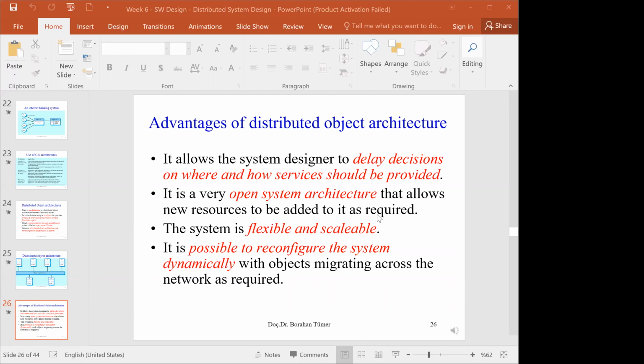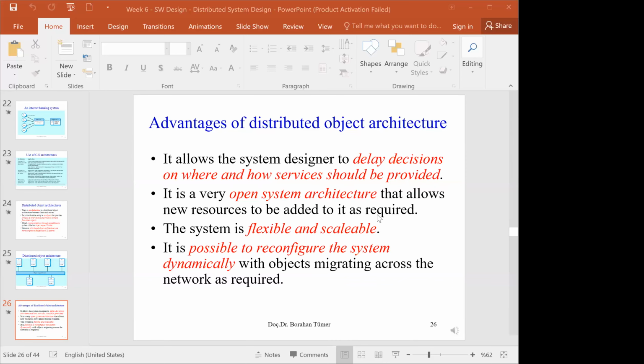It is flexible and scalable, that is, it is fault tolerant and scalable. Distributed object architecture is fault tolerant and scalable, because you may add a node to the system while the system is running.